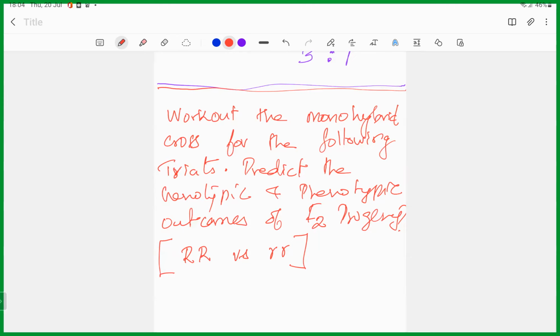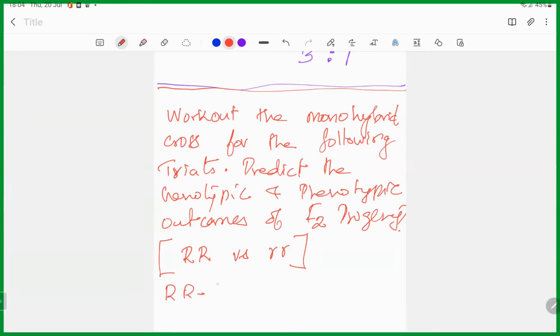Capital or capital? Round seeds. Homozygous dominant round. Another one is homozygous recessive wrinkled. The seed looks like this.